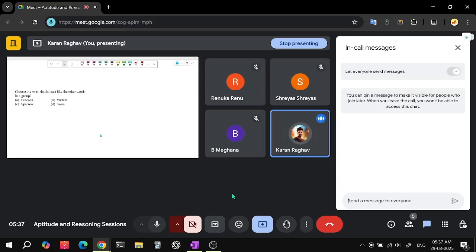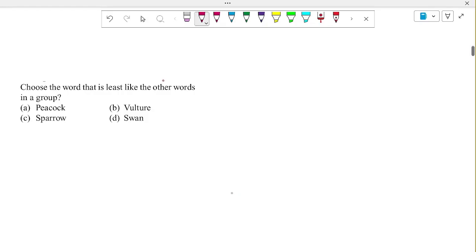Peacock, sparrow, vulture, swan. Whenever you are solving these kinds of questions, you should have knowledge of all these words, otherwise it is difficult to solve the question. I think you are not able to make it out, but I'll tell you the answer.